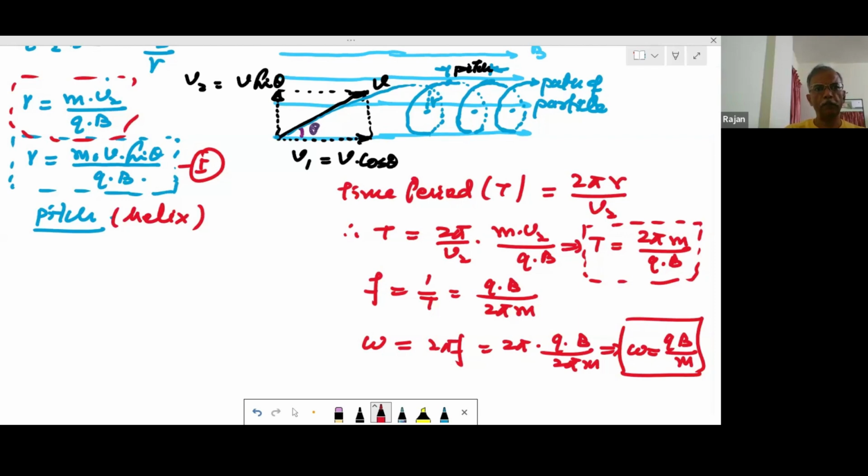So the pitch of the helix, if I take it as d, what will d be? D will be the velocity into the time. Distance is velocity into time. So velocity in the direction of the motion is v1, correct? So I'll be taking v1. And how much time is it taking from peak to peak?